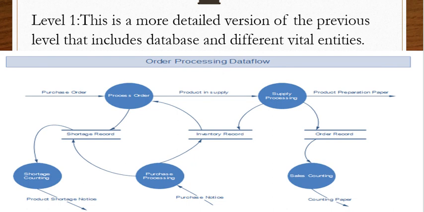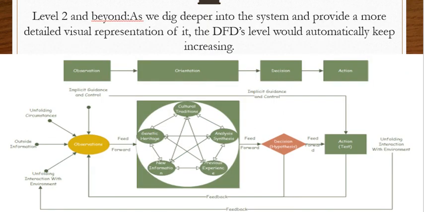The next one, level 1, is a more detailed version of the previous level that includes database and different vital entities. And level 2 and beyond: as we dig deeper into the system and provide a more detailed visual presentation of it, the DFD level will automatically keep increasing.